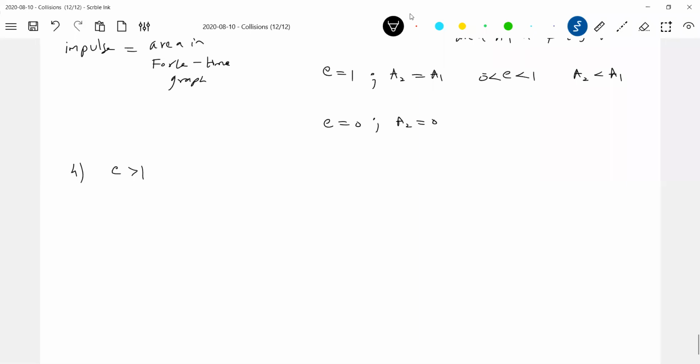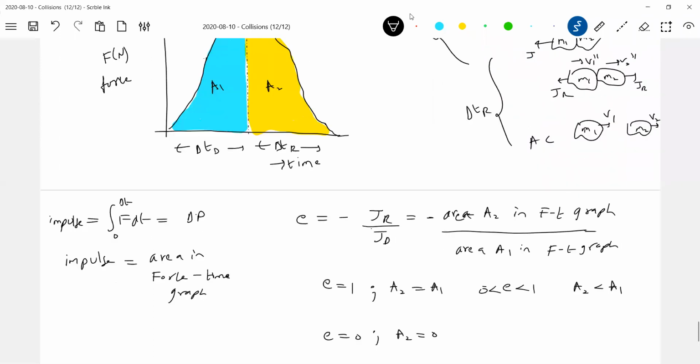We don't have much numerical work on this, but it's practically possible. After 1950 they did experiments where a situation with e greater than 1 came, because when they plotted the graph, A2 was greater than A1.